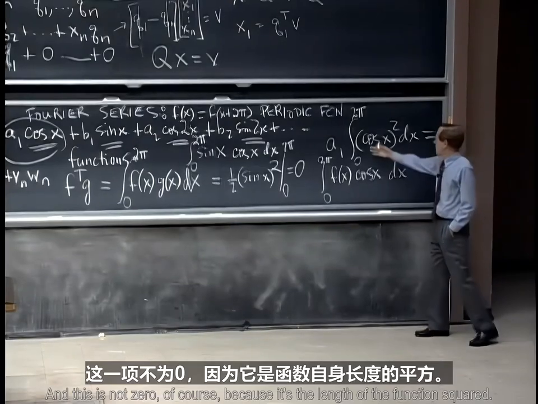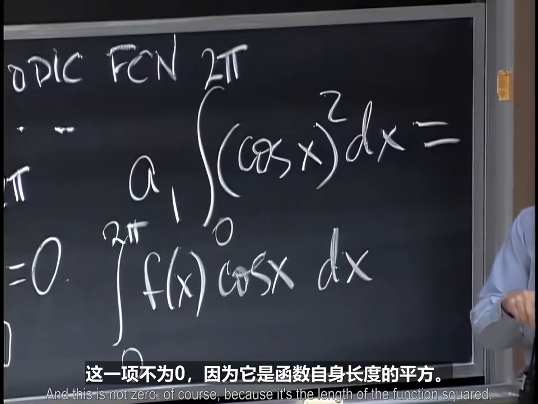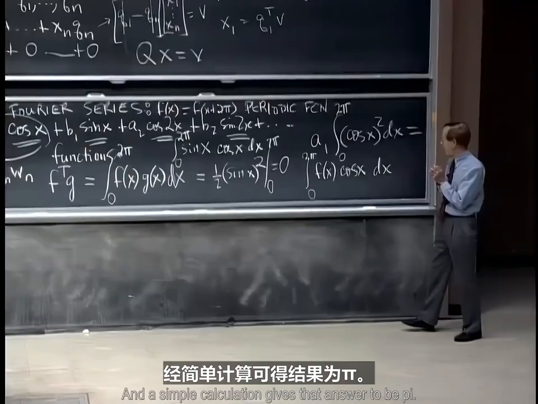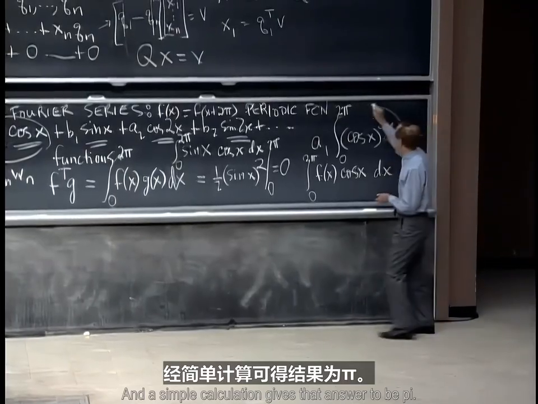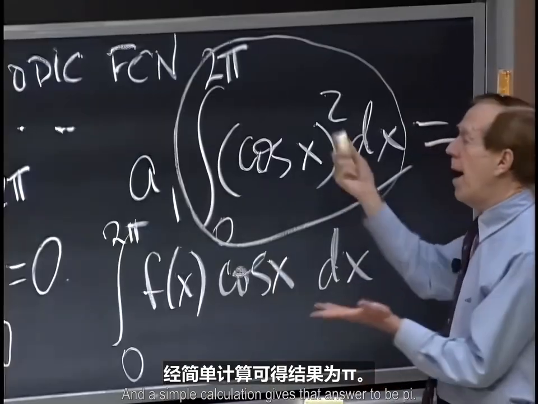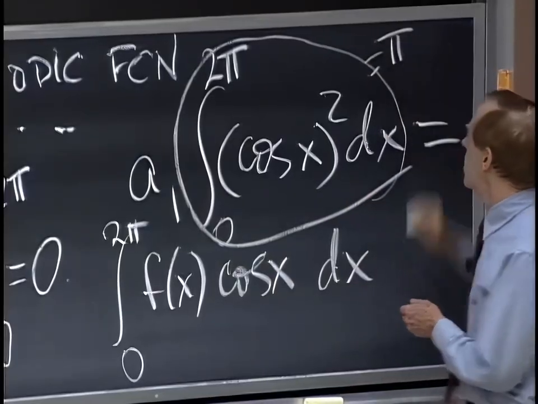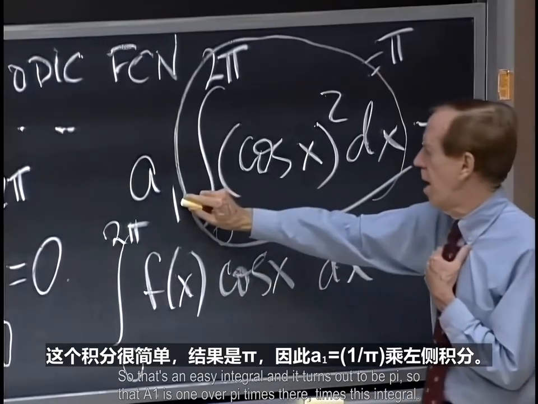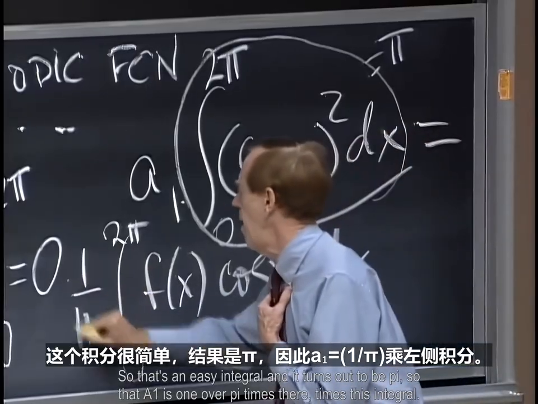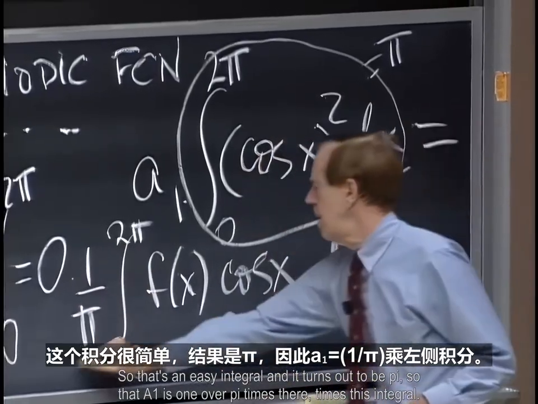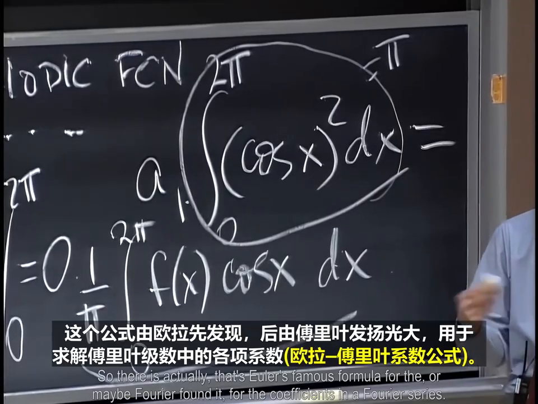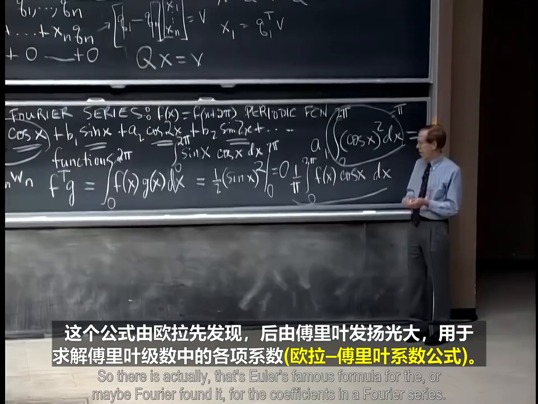equals, so this was the left side, and this is all that's left on the right-hand side. And this is not 0, of course, because it's the length of the function squared. It's the inner product with itself, and a simple calculation gives that answer to be pi. So that's an easy integral, and it turns out to be pi, so that A1 is 1 over pi times this integral.